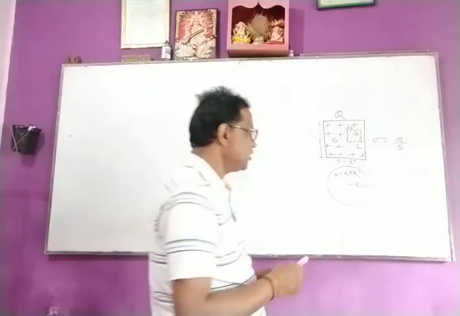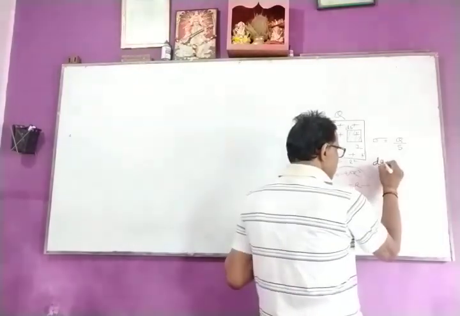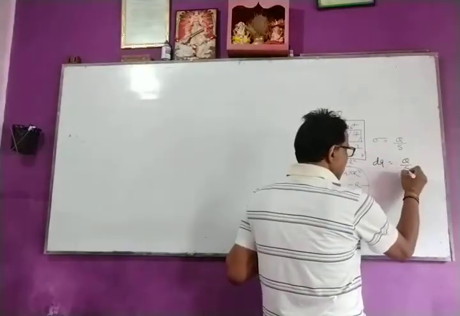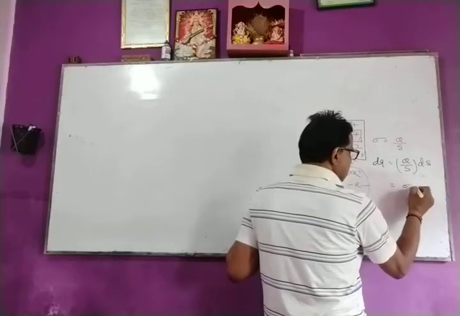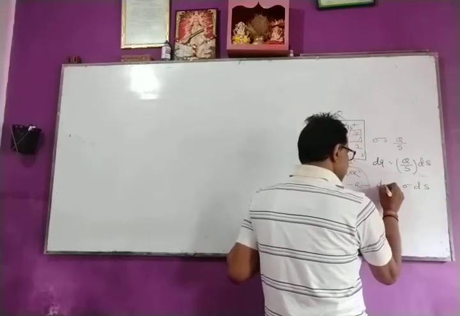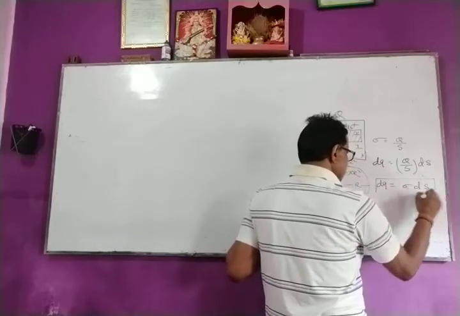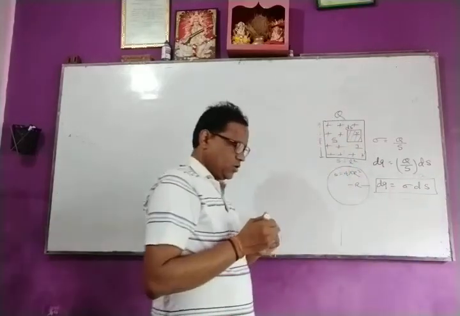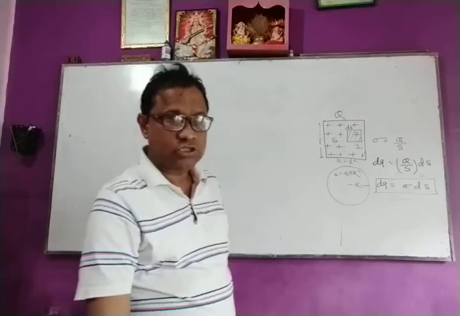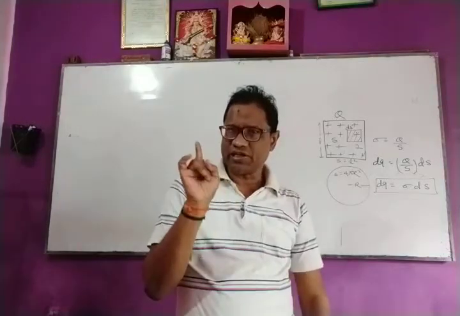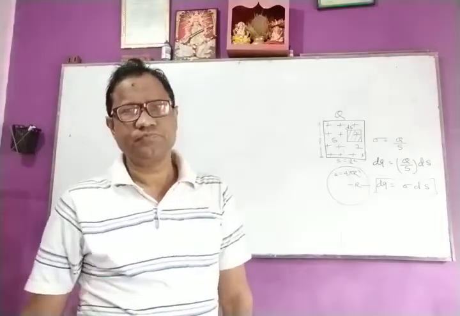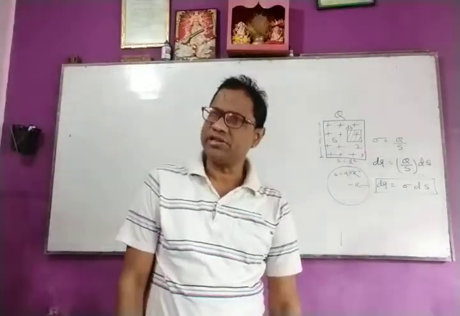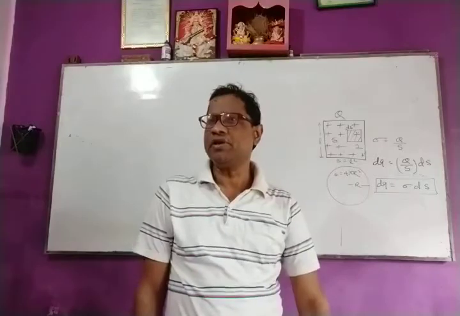So dq is equal to Q by S into dS, means sigma into dS. The charge on a small portion is equal to surface charge density into the area of that portion. The unit of surface charge density is coulomb per meter square.